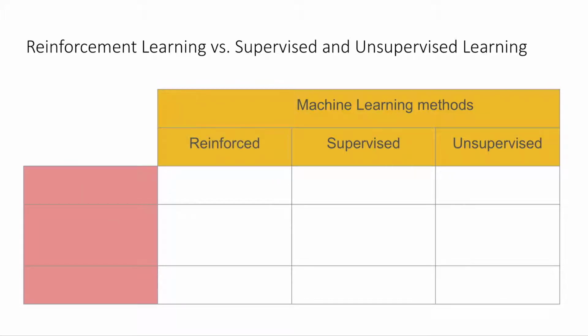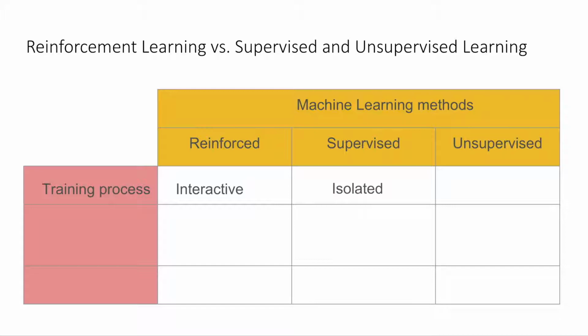The first is the training process. In reinforcement learning, it is not the same as the process for supervised and unsupervised learning. In fact, in reinforcement learning, the training is an interactive process in which the agent is trained by each interaction with the environment, and this process can be realized in a dynamic environment where the state of the system may change by each interaction.